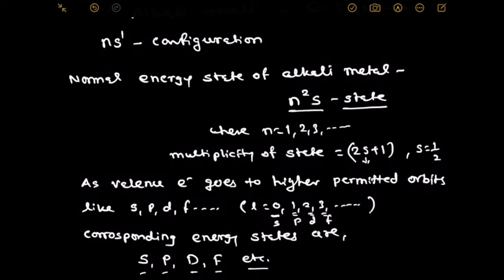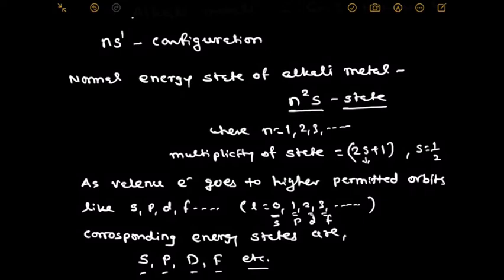Which is the ground state? The ground state is n doublet S state, and above the ground state all are excited energy states, denoted by the symbols capital S, capital P, capital D, capital F, etc.